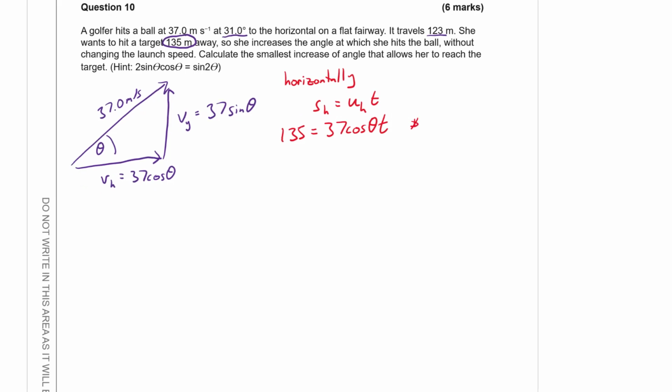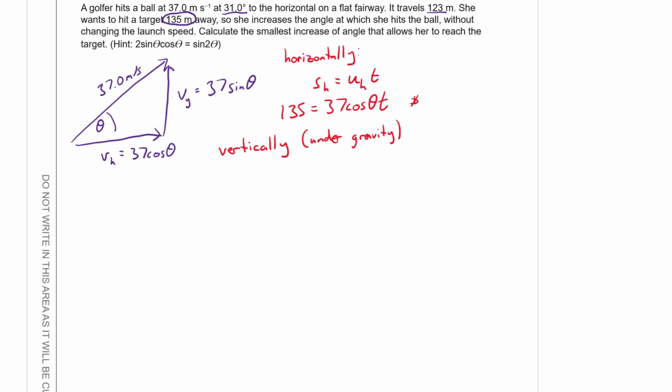So now vertically, we have a much more complicated scenario because we have gravity being involved, so I'm just going to specify under gravity. Because the golf ball is under acceleration in the vertical plane, we'll need to use this equation here: s_v equals u_v t plus a half a t squared.